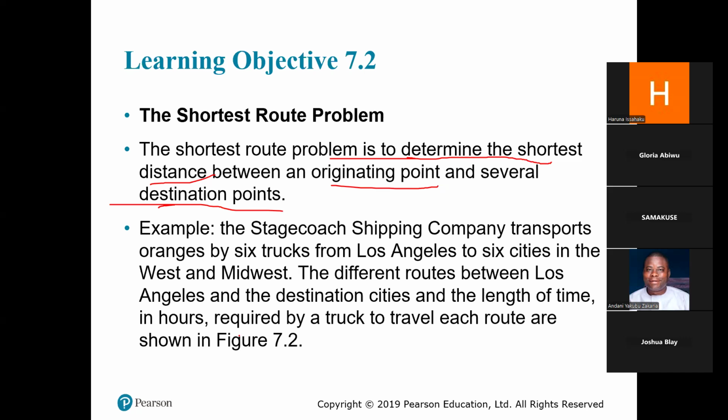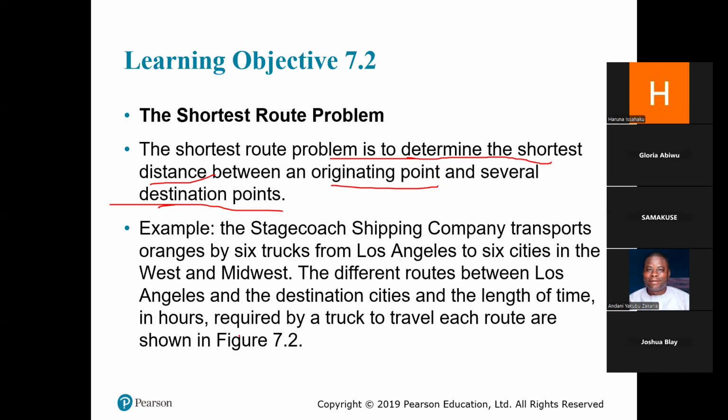The Stagecoach Shipping Company transports oranges by 6 trucks from Los Angeles to 6 cities in the West and Midwest. The different routes between Los Angeles and the destination cities, and the length of time in hours required by a truck to travel each route, are shown in figure 7.2.